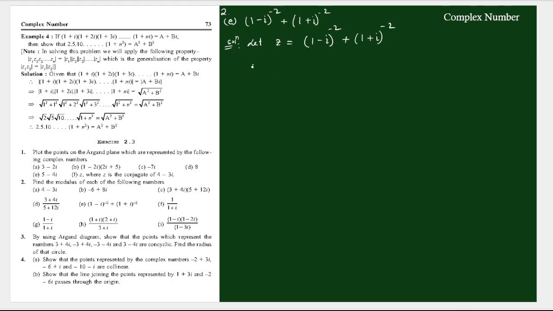So therefore, z should become, oh no, let's break them first. First, the minus exponent we will make into the inverse. It will be 1 by (1 minus i) square plus 1 by (1 plus i) square.